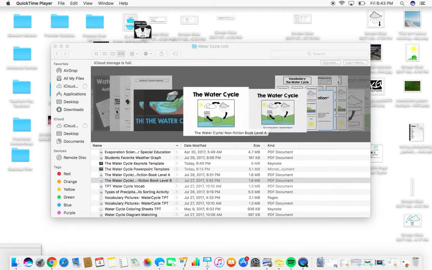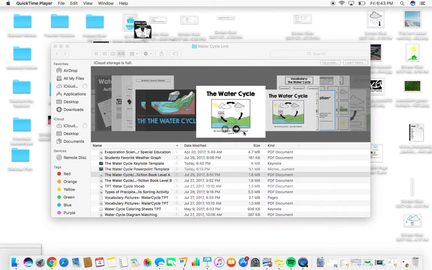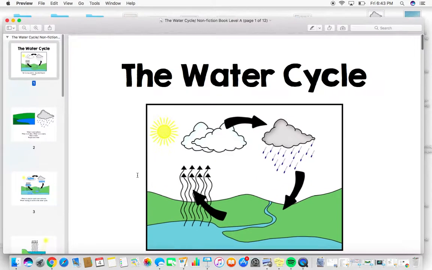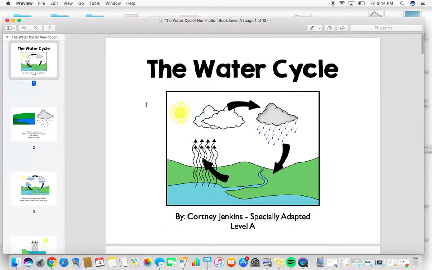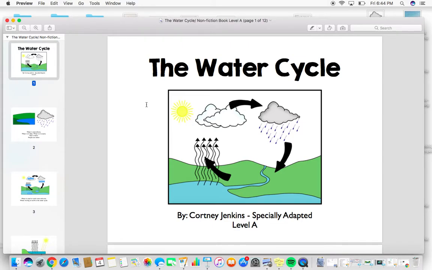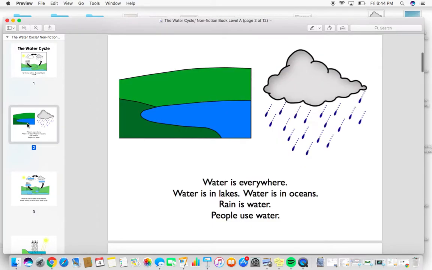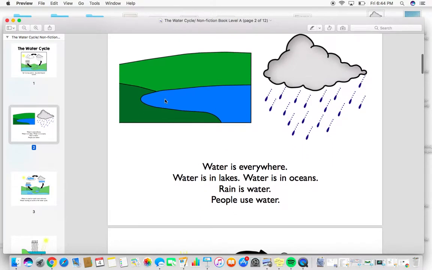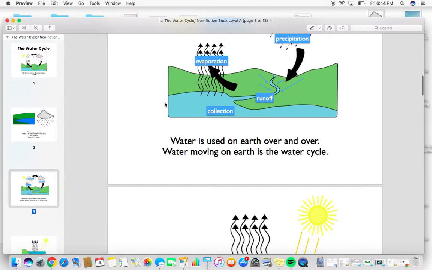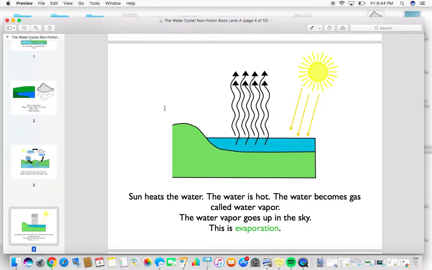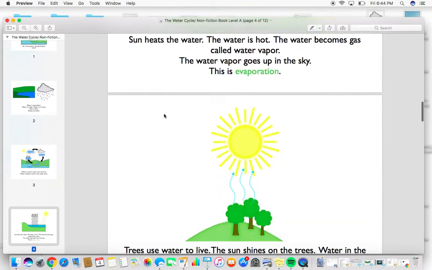So the first thing we'll look at are the two leveled books. You have a level A and a level B. Level A is the easiest level, and then level B has a little bit of extra words and goes a little more in depth, but it describes the water cycle in a way that students with disabilities would be able to understand. So you can see this is level A. It goes through all of the main parts of the water cycle.